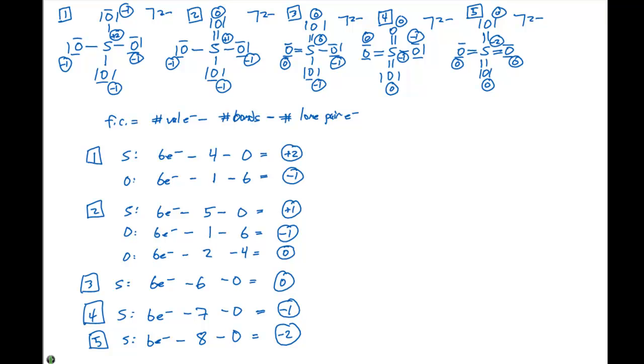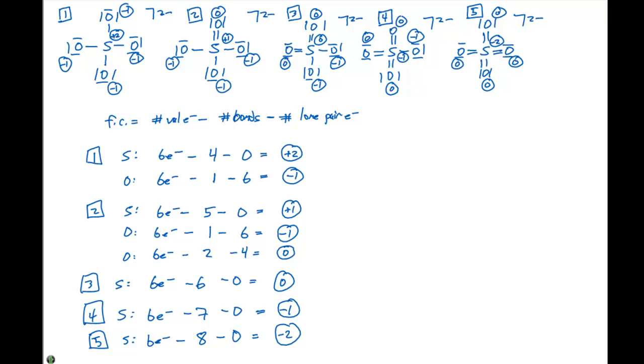So now we've written out all of these formal charges, we need to predict which structure is going to be the best one. And based on the formal charges, we have a couple rules. We know that the charge on the molecule has to be equal to the sum of the formal charges.